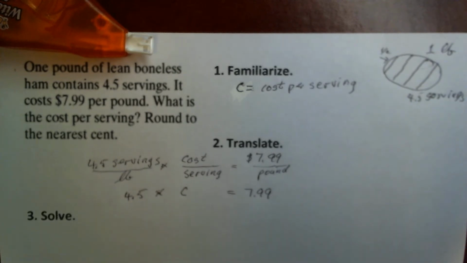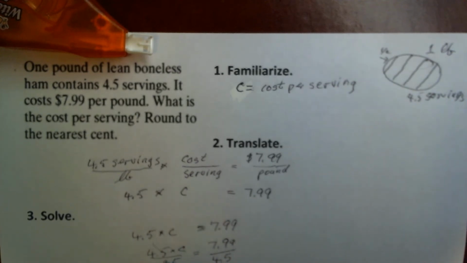So let's solve this equation for C. So we have 4.5 times C equals $7.99. And to isolate C, we divide by 4.5 on both sides. So 4.5 times C divided by 4.5 equals 7.99 divided by 4.5.